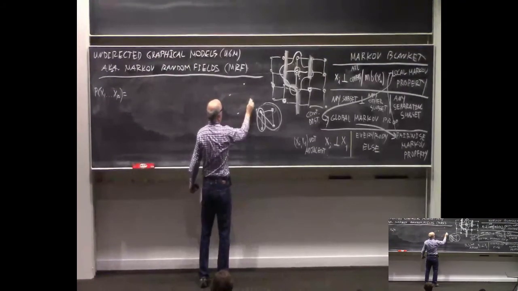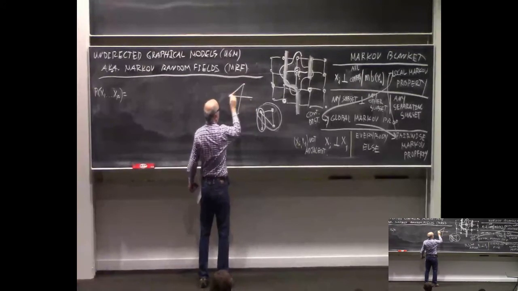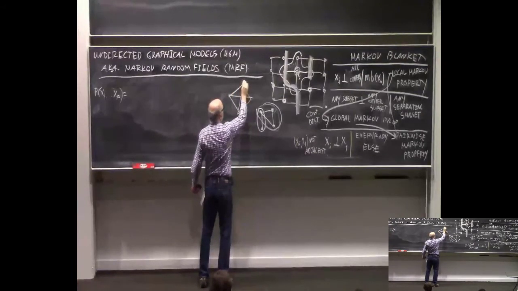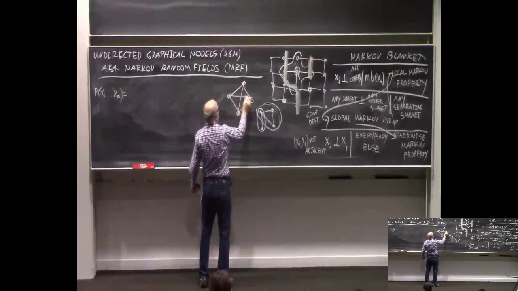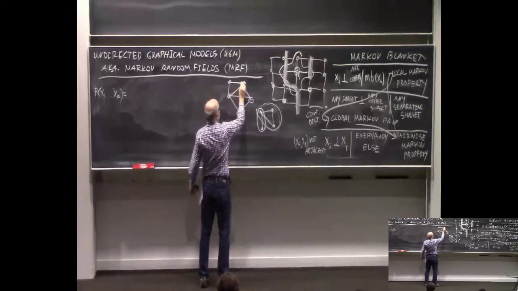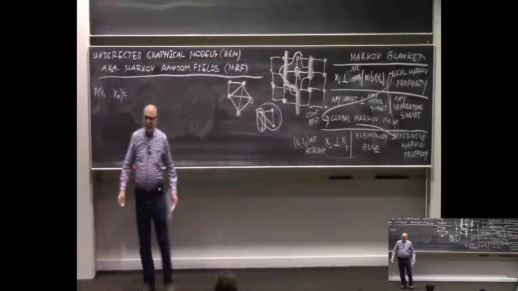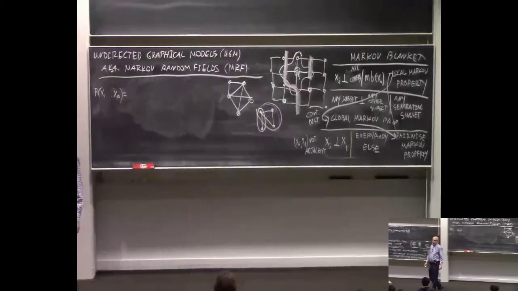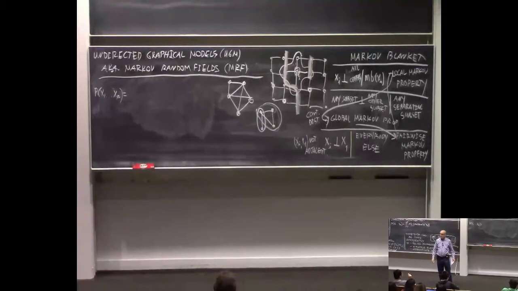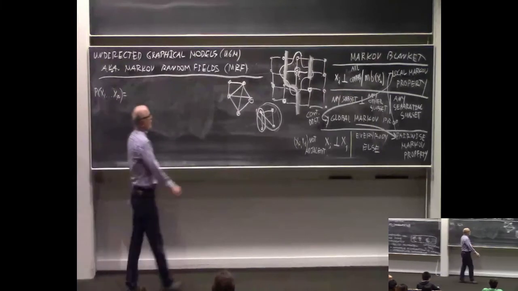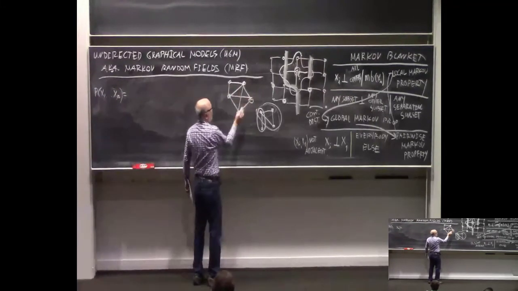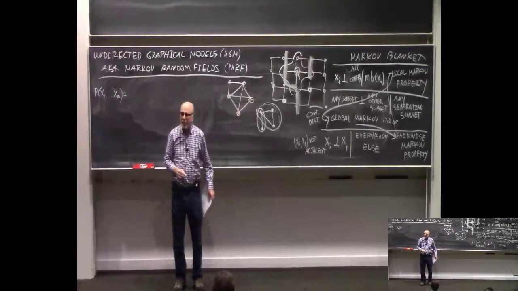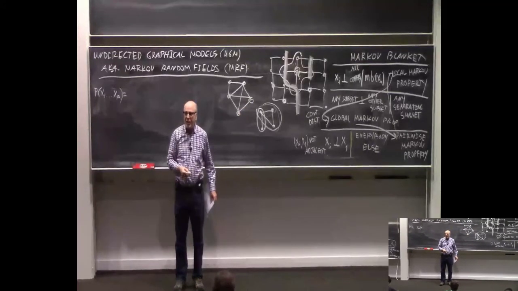Now let me take a more complicated example. 1, 2, 3, 4. What are the maximal cliques here? This square is a maximal clique. Every node is connected to every other node.